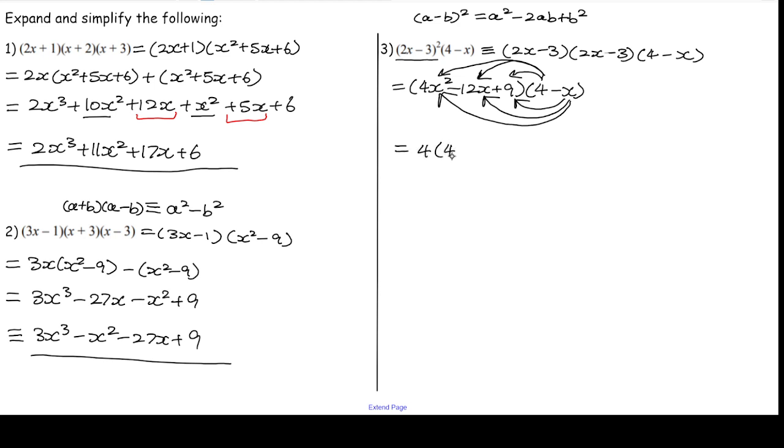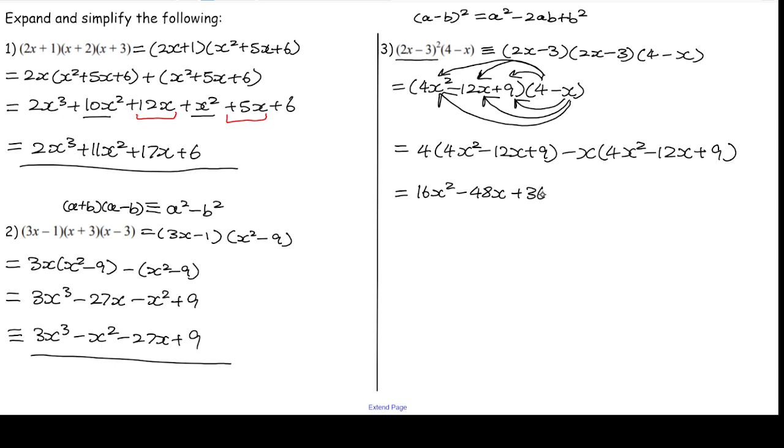So that's going to give us 4 lots of 4x squared minus 12x plus 9. But be careful, we don't just have an x, we have a minus x. So we're going to do minus x lots of 4x squared minus 12x plus 9. If we expand the first bracket, what do we get? We get 16x squared minus 48x plus 36.